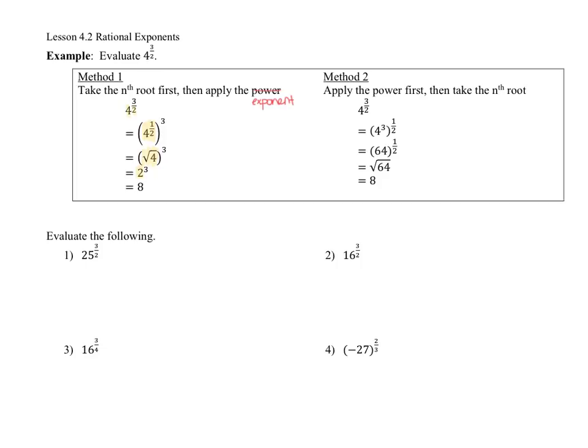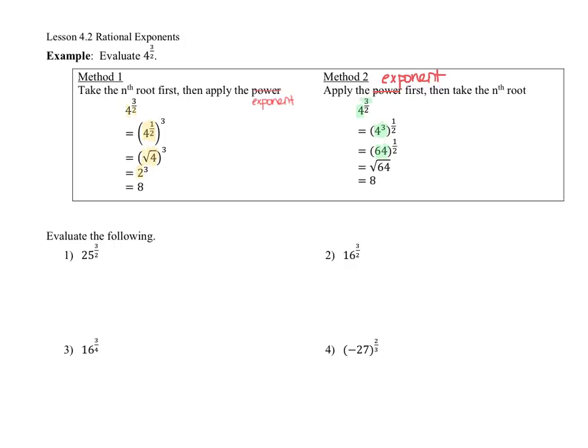For the next method, you have the application of the exponent first. Sorry, scratch out power, it should be exponent. So apply the exponent of m first, and then you can take the nth root, the index, afterwards. So in this case, we're taking 4 with the exponent of 3 first, which gives us 64.